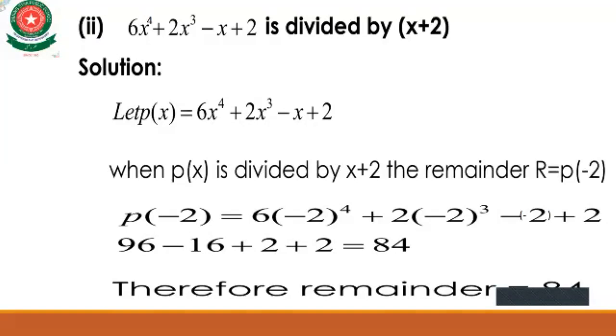Plus 16, 6 16s are 96, and minus 2 power cube is minus 8, 2 eights are minus 16, minus minus will change into plus 2, and at last there is also plus 2. We add all these terms, the answer will be 84. The remainder is 84.